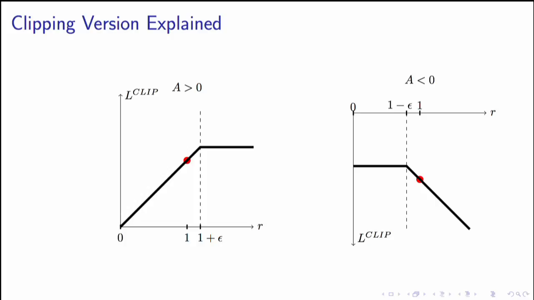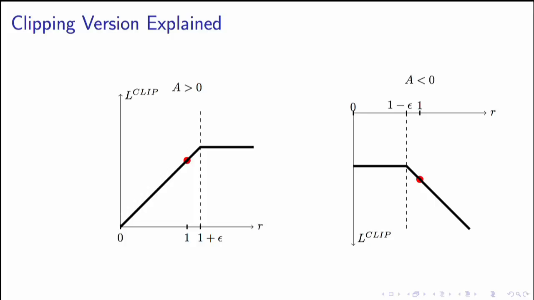It's not going to think, oh, this is really bad because I just increased the probability of a negative advantage action. Because if you clip the probability ratio, you're not going to see that. But if we take the point-wise minimum between the clipped and the unclipped version, then you see the bad points where you're sending the probability in the wrong direction, but you also ignore the good ones where you're trying to send the probability too far in the right direction.